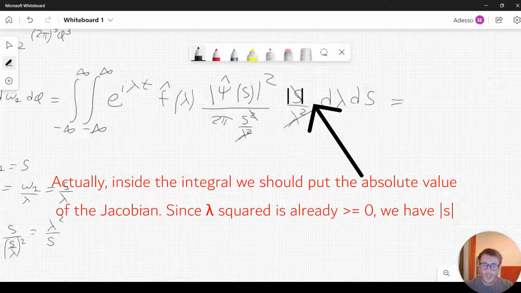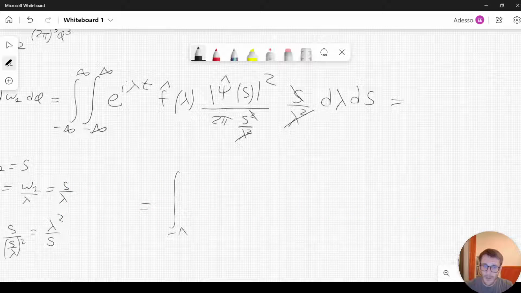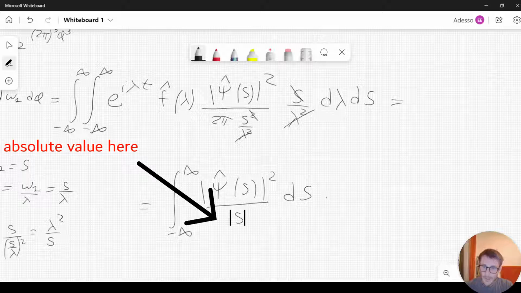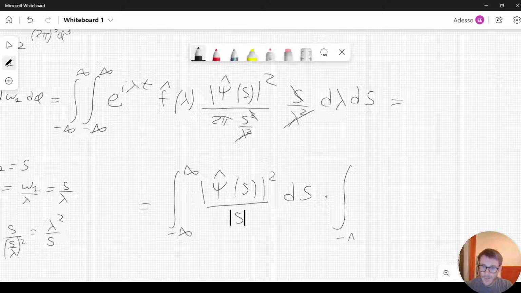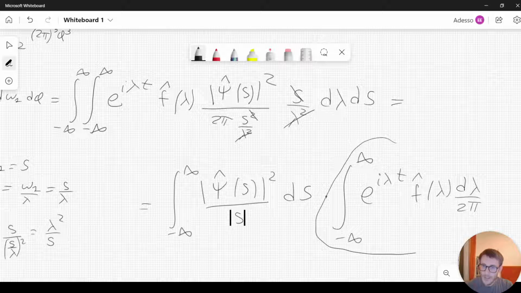And you can see that these two integrals actually can factor, because we have the integral from minus infinity to plus infinity of mod psi hat of s squared over s ds, which multiplies the integral from minus infinity to plus infinity of e to the i lambda t f hat of lambda d lambda over 2 pi. But now you can check easily that this is equal to the inverse Fourier transform.